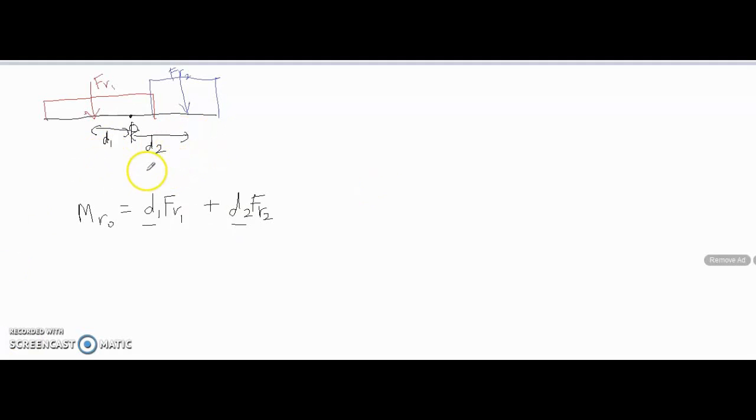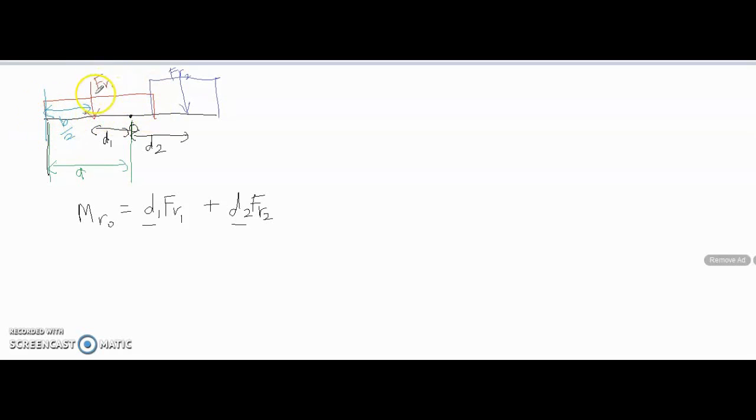It is given that from here to here is the distance A. And then one more is from here to the Fr here, which is half of B, because Fr1 is at the center of the distributed load, along the distributed load here.